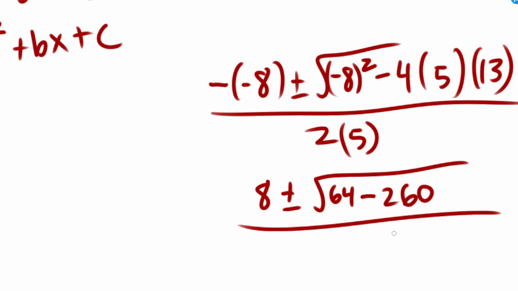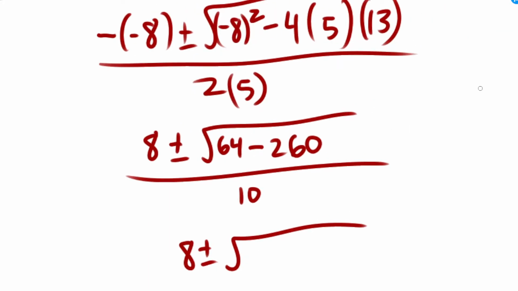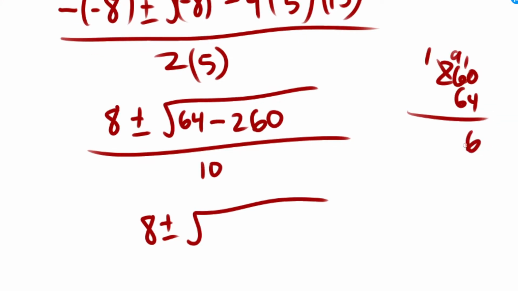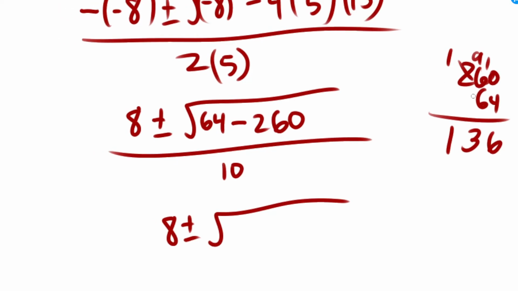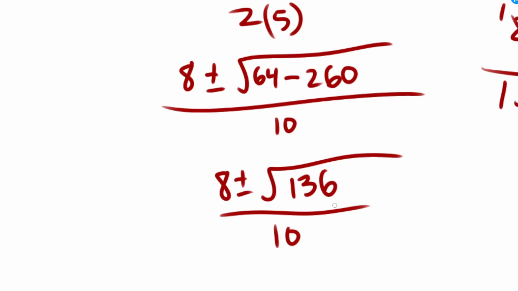And then all of that divided by 10. And that will give you 8 plus or minus the square root of, what is 260 minus 64? You get 196 in there. Divide by 10 still.